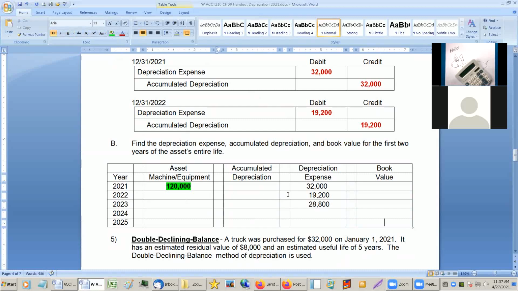All right. So accumulated depreciation will be the same in the first year as the depreciation expense. All right, 120,000 minus 32,000, 88,000.